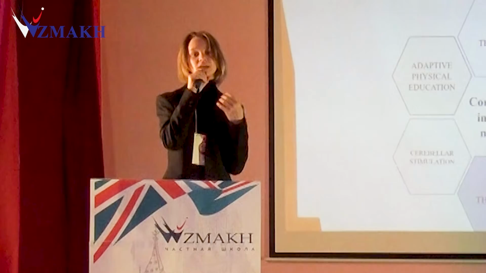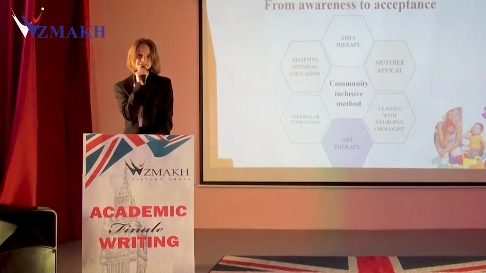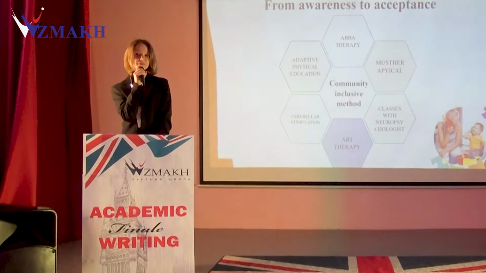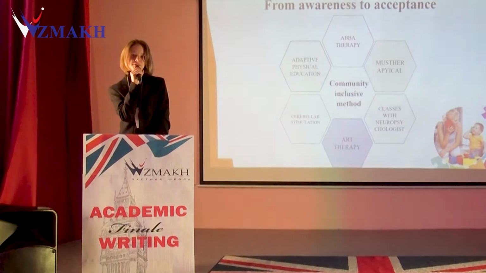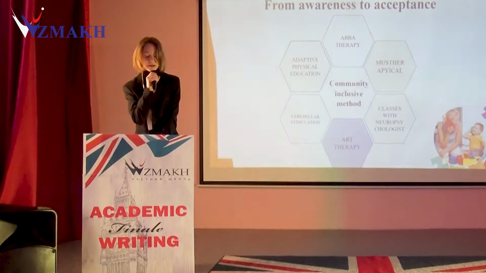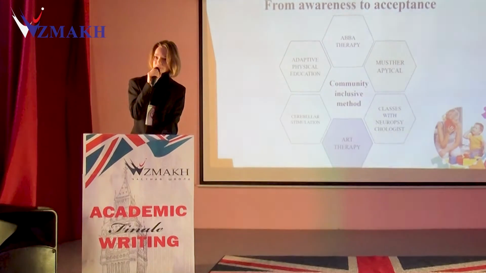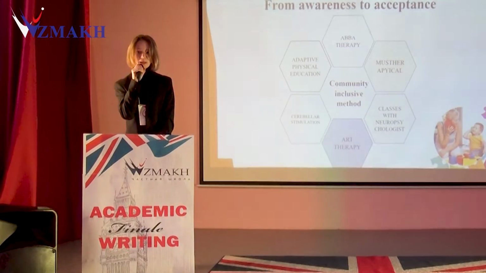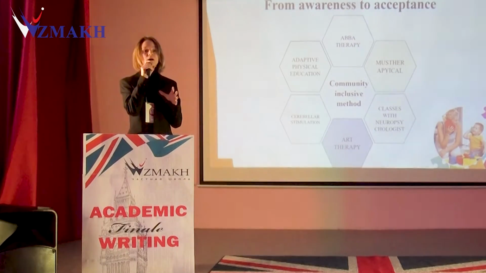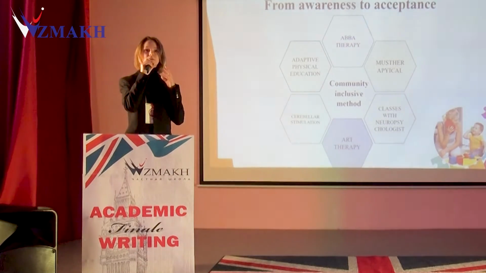So far, they use the community inclusive method. Community inclusive method is like a university preparatory program. This method prepares autistic people for life in society, while classic therapies just improve the state of autistic people, and in separate conditions they can suit some individual cases.